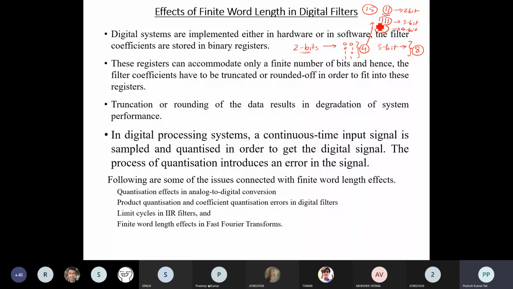So this is how the number of bits, or the word length, defines the quality of the coefficients or the accuracy of that filter. So if we have a higher word length, we will have better accuracy.